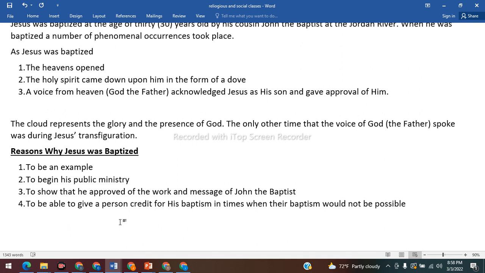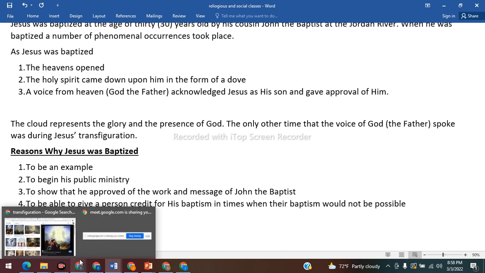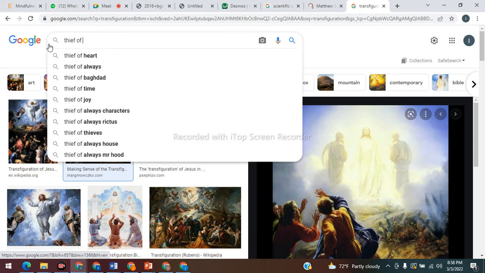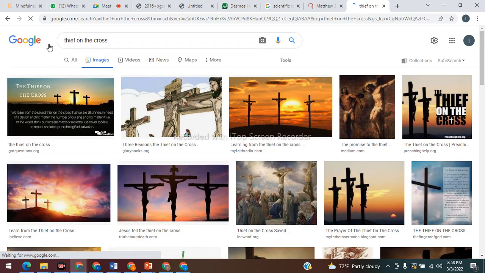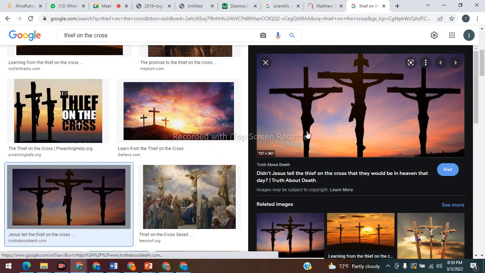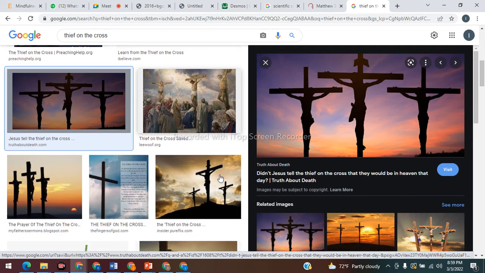Remember the thief on the cross? Remember there was a thief on the cross. He was on the side of Jesus, right? He was about to die. So the thief on the cross said to Christ, remember me when you come into your kingdom, right? And Christ said, hey, today you're with me in paradise.